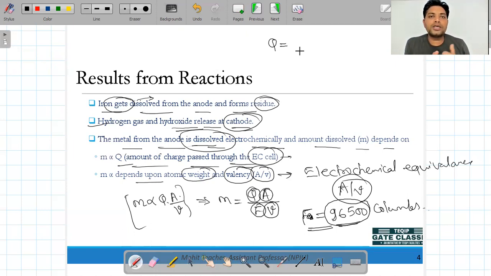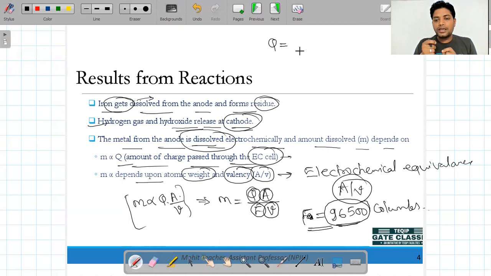The current we use is in the range of 500 to 40,000 ampere, and the voltage is in the range of 5 to 25 or 30 volt only. If you compare this voltage with the current, it is almost negligible. So the amount of charge depends completely on the current, because here we are using very high current.